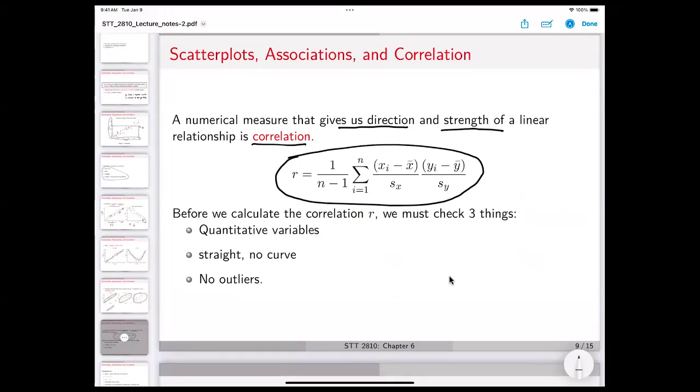Before we compute R, you need to make sure that R passes these three assumptions. One, we can't compute R for qualitative or categorical variables. We can only compute R for quantitative variables. Is that okay? And then we can only compute R when the relationship is straight.